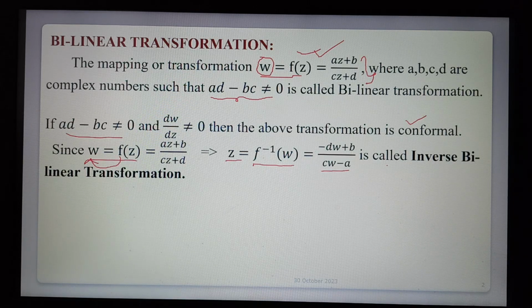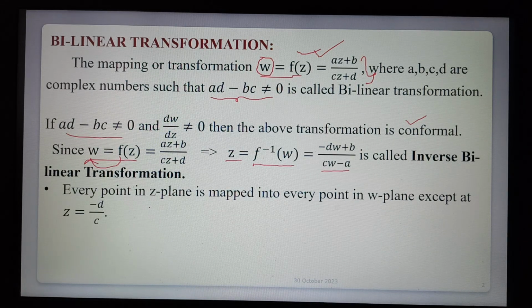This transformation is called the inverse bilinear transformation. So w as a function of z is the bilinear transformation, and z as a function of w, f inverse of w, is called the inverse bilinear transformation.